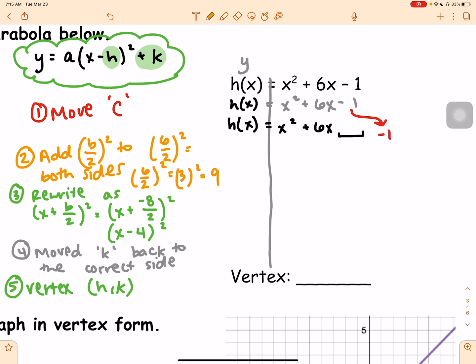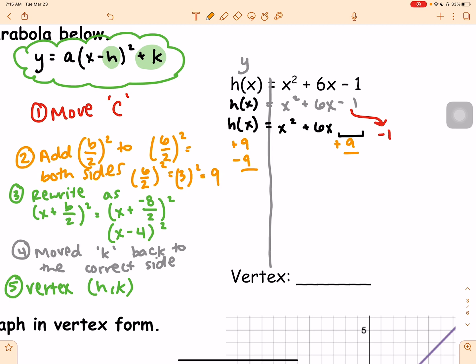Okay. So I'm going to add 9 right here. And then technically I would be subtracting 9 here, or I'm sorry, adding 9 here. But since I want everything to be over on this side, that would mean I would have to subtract the 9 back over.